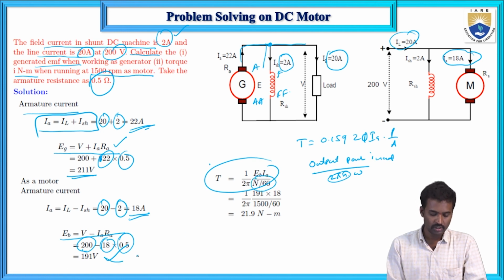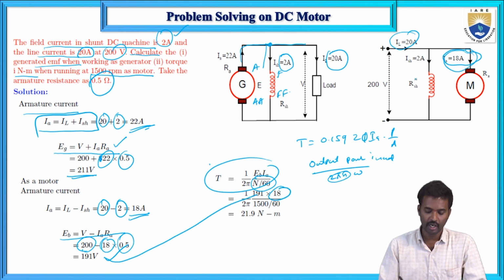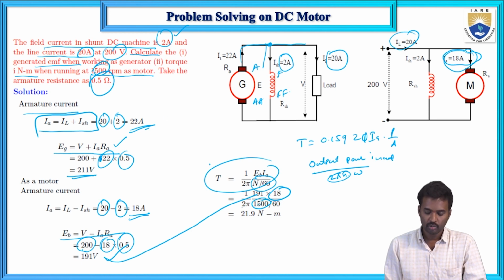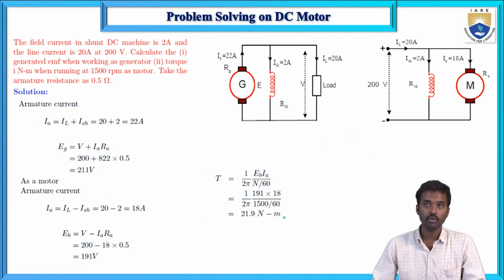So here EB is 191 volts, IA is 18 amperes, and the speed is 1500 RPM, with 2 pi by 60. The simplified value is 21.9 Newton meter.